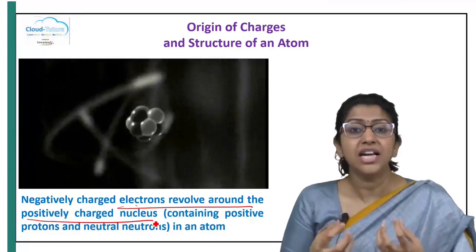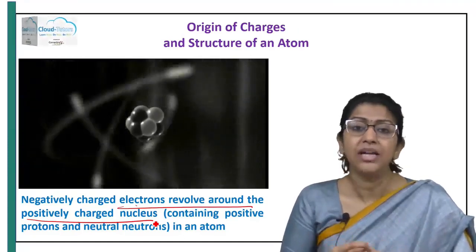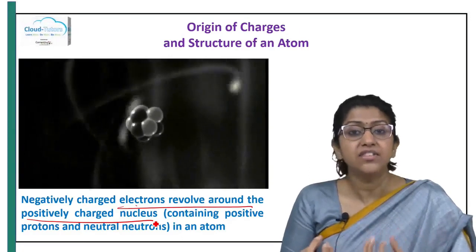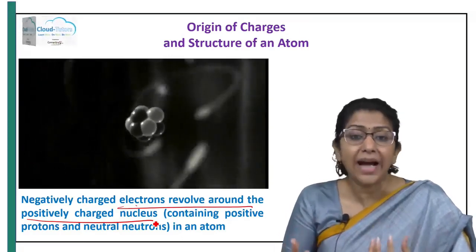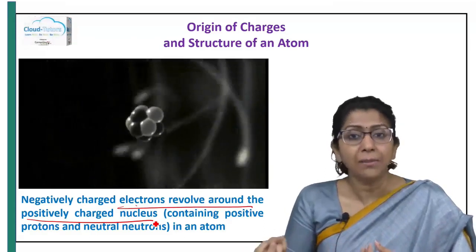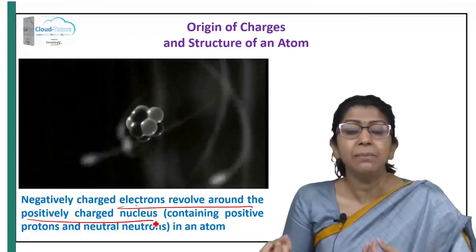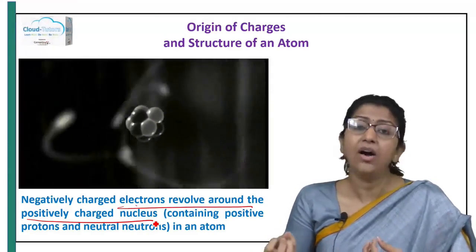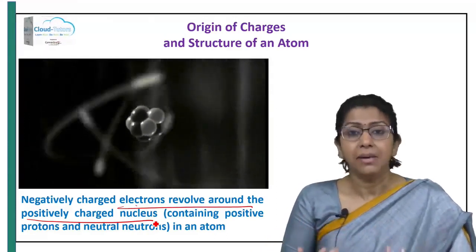Because of the electrostatic force of attraction between the negative electrons and the positive nucleus, there is a balance, right? So if we remove an electron, what happens to the atom? The atom becomes a positive ion, right? How does this happen? Think about it.